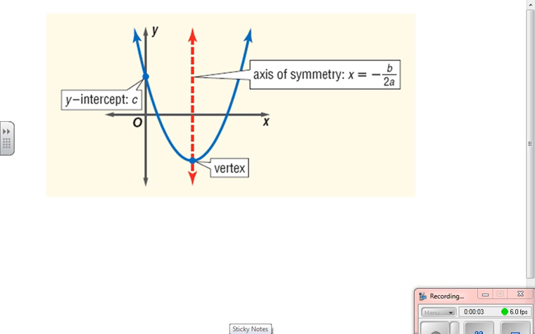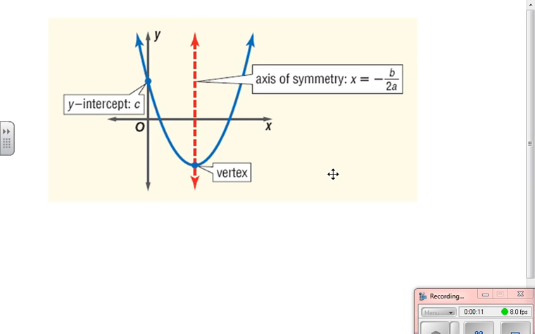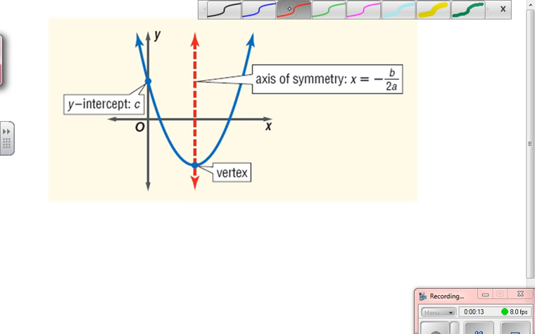All right, we're going to start the 6.2 lesson with just a quick review of 6.1. And remember, we are dealing with this standard form of a parabola, ax squared plus bx plus c.